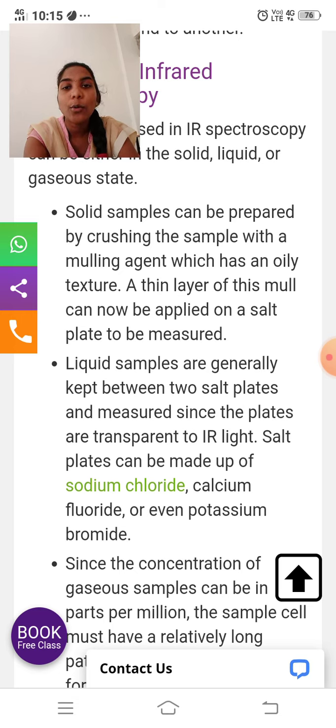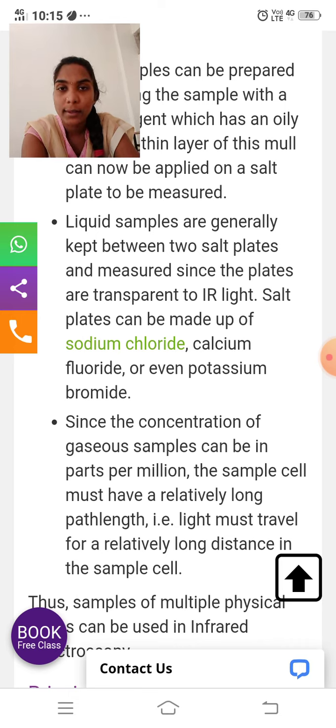A thin layer of this mull can now be applied on the salt plate to be measured. Liquid samples are generally kept between two salt plates and measured, since the plates are transparent to IR light. Salt plates can be made of sodium chloride, calcium fluoride or even potassium bromide.